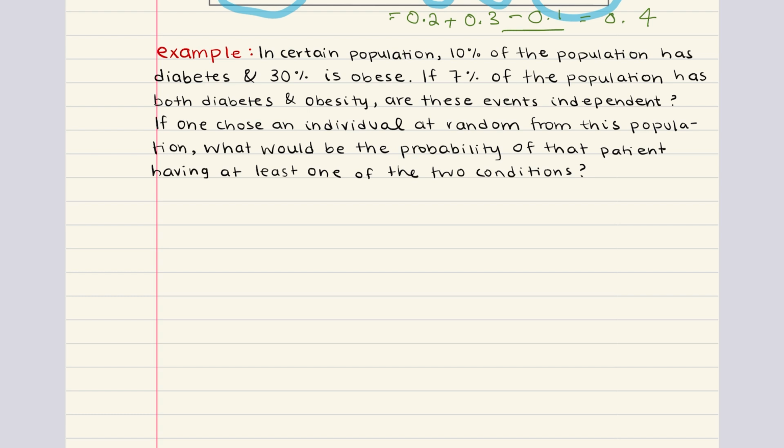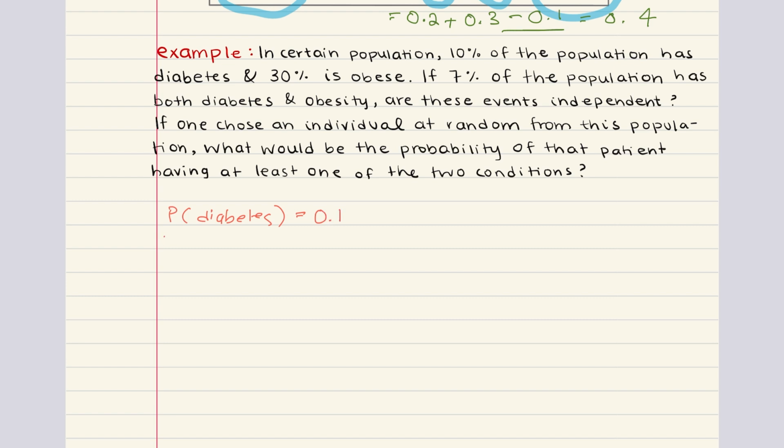If one chose an individual at random from this population, what would be the probability of that patient having at least one of the two conditions? Let's start by writing down what we know. We're told that 10% of the population has diabetes, so P(diabetes) is equal to 0.1.